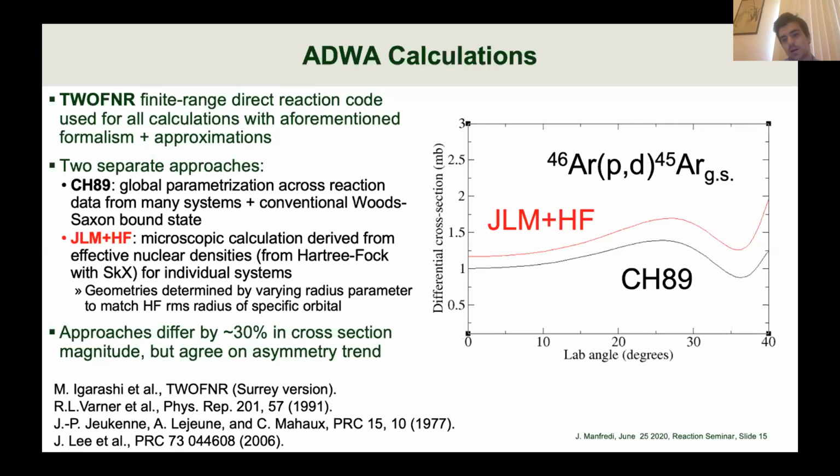But they not only agree on the shape, as I'll show you in a moment, they also agree on the asymmetry trend. So the central message of all of Jenny Lee's work from her PhD thesis is that as long as you have a consistent and systematic approach, the asymmetry dependence is going to be invariant regardless of what optical model you choose.